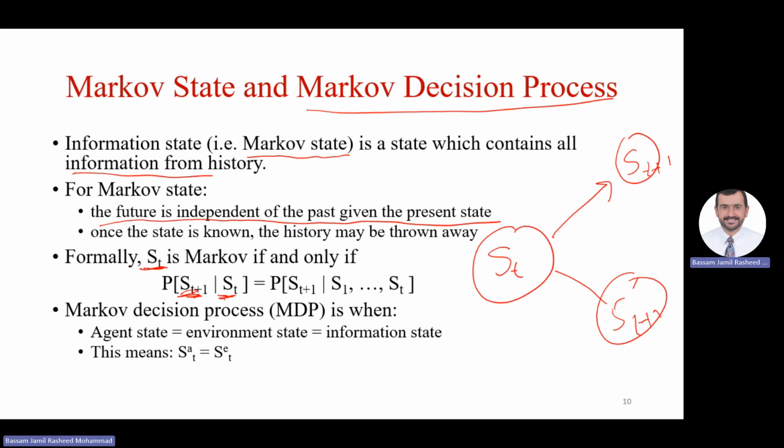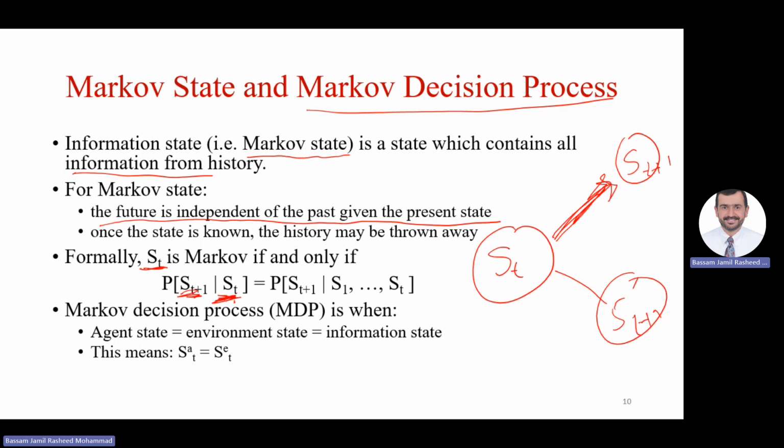The probability of going from ST to ST plus 1, meaning from the current state to the future state, is only dependent on the current state. Only dependent. It doesn't depend on history.